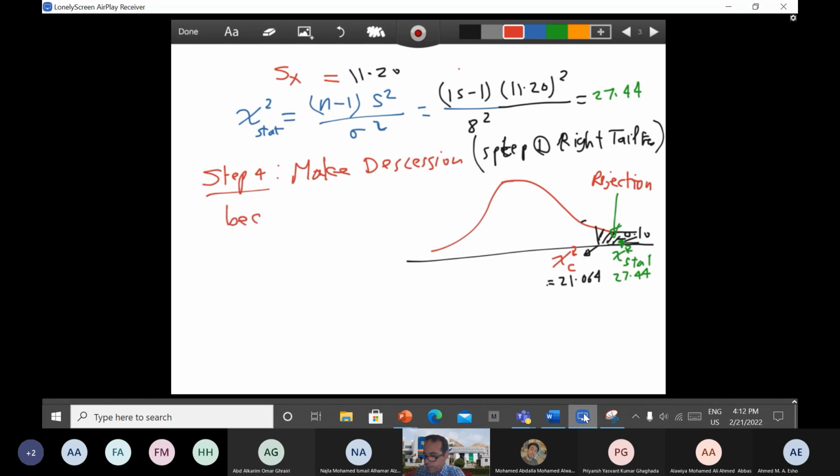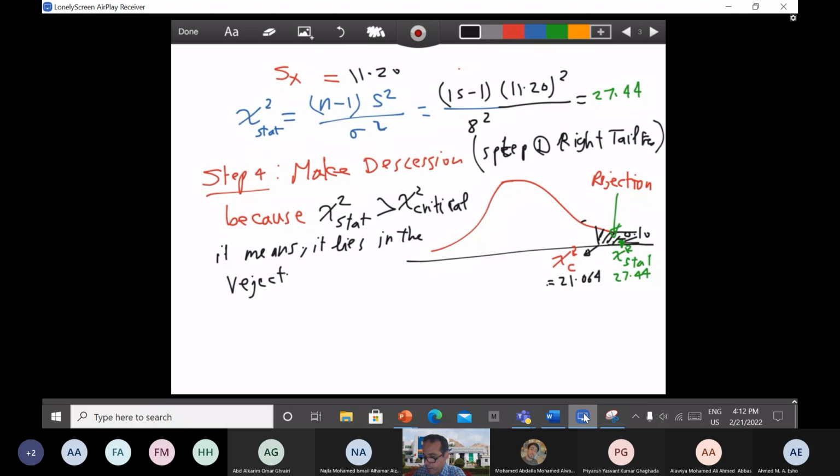So because the chi-square stat is bigger than the chi-square critical, it means it lies in the rejection area.